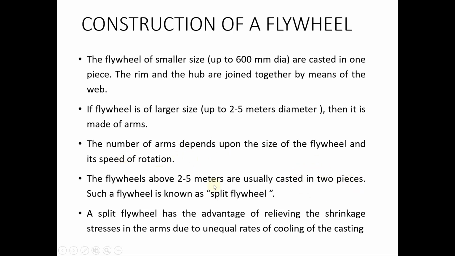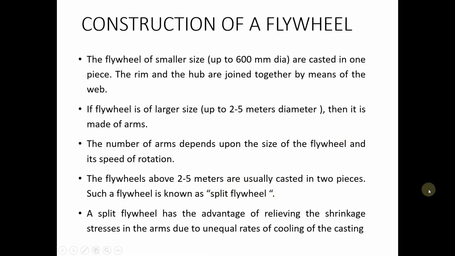Such flywheels are called split flywheels. One half of the flywheel will be manufactured by one casting process, and the second half by a similar casting process in another die, and then these two will be bolted together. After bolting it will form a single unit, that is known as a split flywheel.